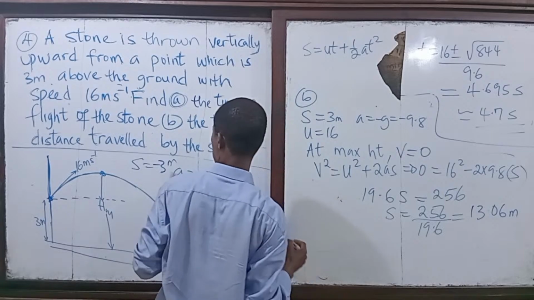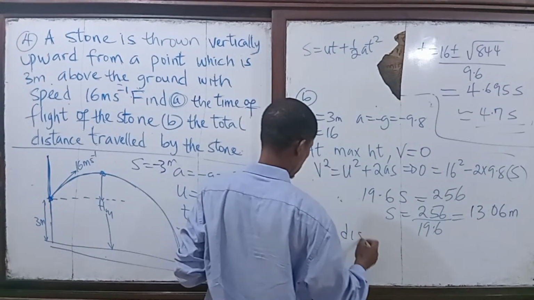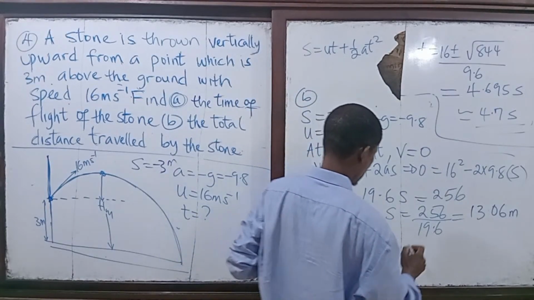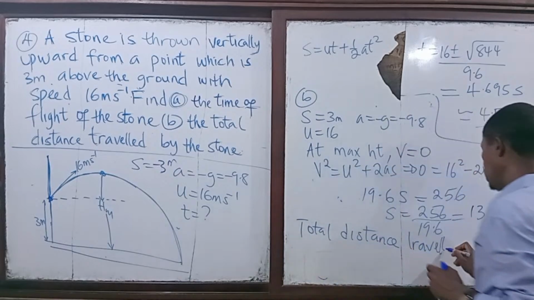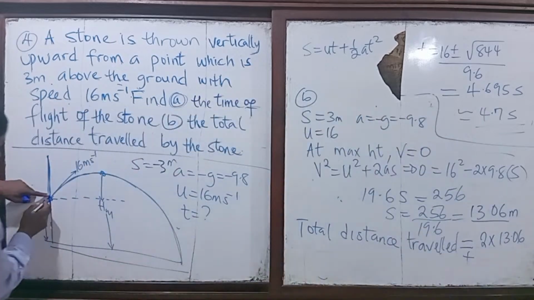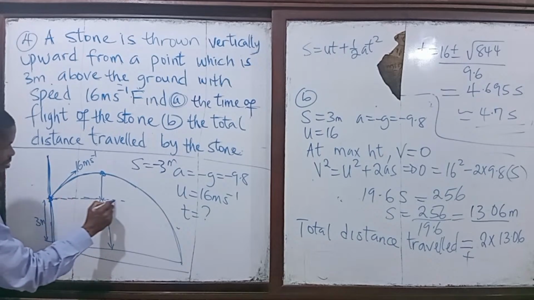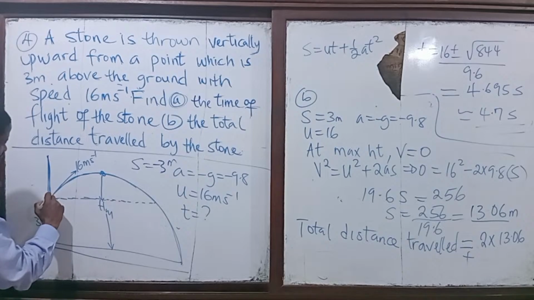So the total distance traveled by the stone is equal to 2 times the height to the peak, plus the 3 here below the point of projection.